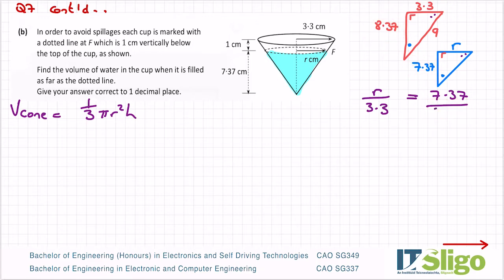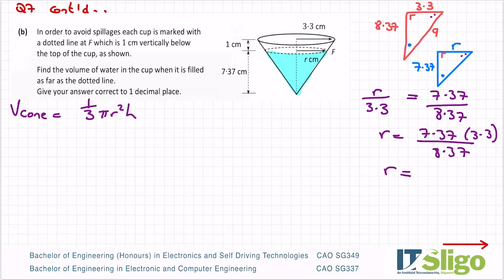Okay, so what did I do there? I took corresponding sides together, so the radii correspond to each other, and the vertical heights correspond to each other. And he's there by division, let's bring him up. So radius is equal to 7.37 times 3.3 over 8.37.